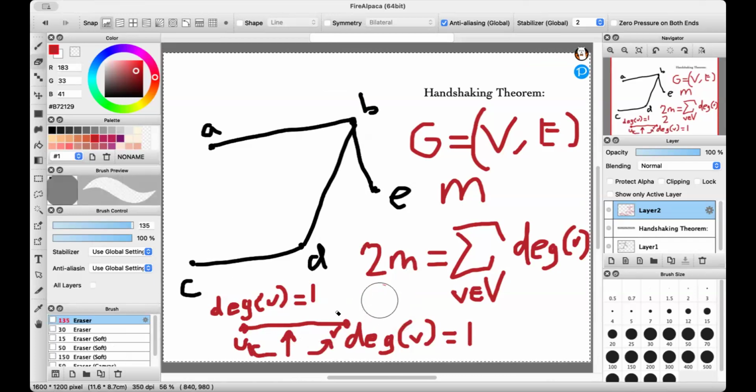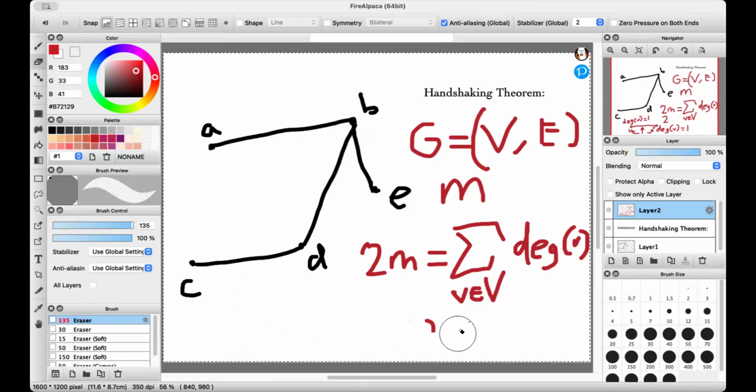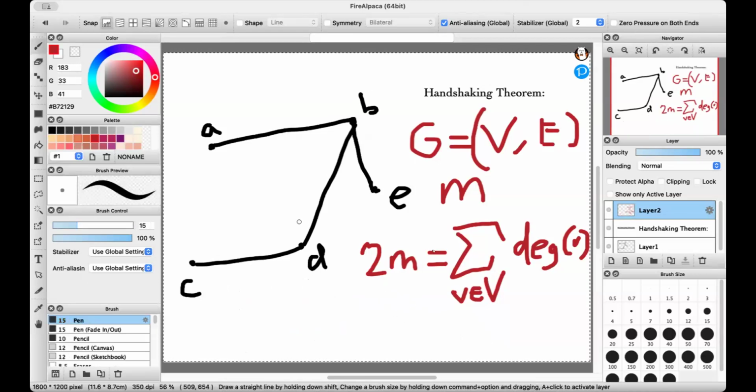So some cool properties that come from this is, if you have vertices of odd degree, you can't have an odd number of vertices with odd degree, because then you have an odd times an odd, which makes it odd.